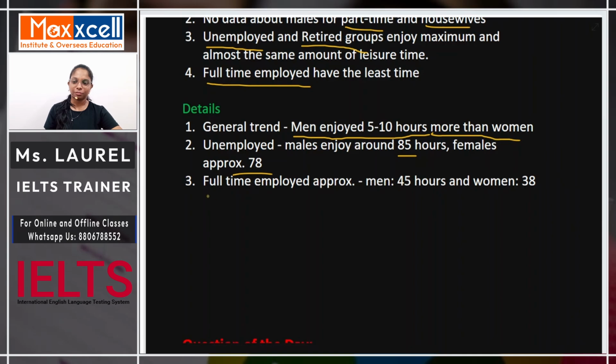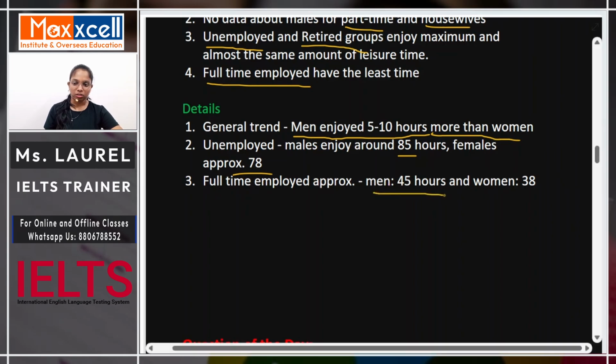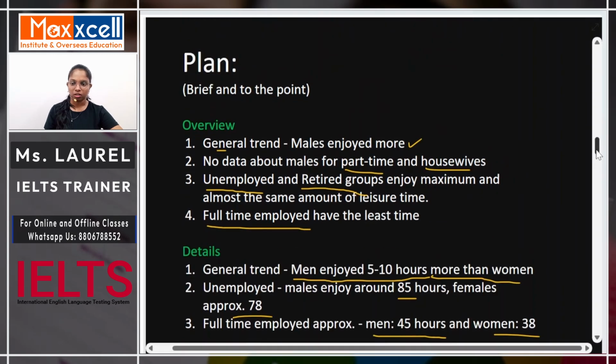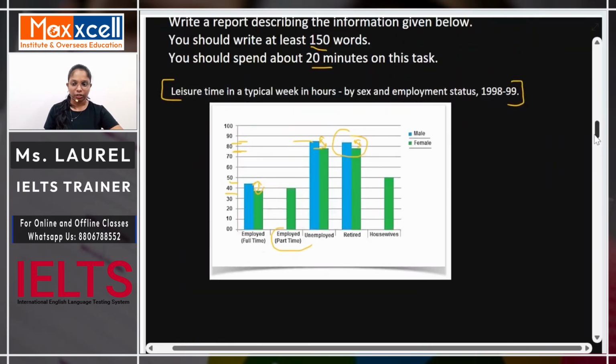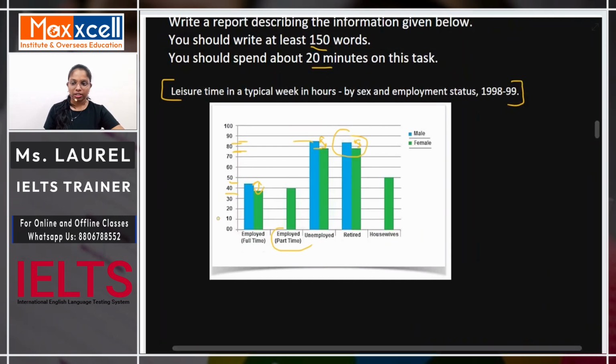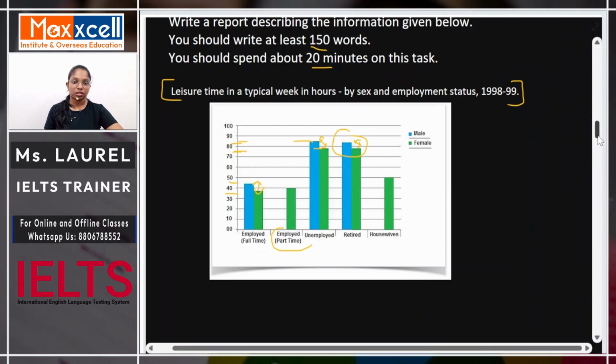So then last is the full-time employed people, and here we have written that men have approximately 45 hours and women get around 38. Again, you can look at this and you will figure out that this is the detail here. So you can identify details based on your overview. Make sure you are not randomly picking details.